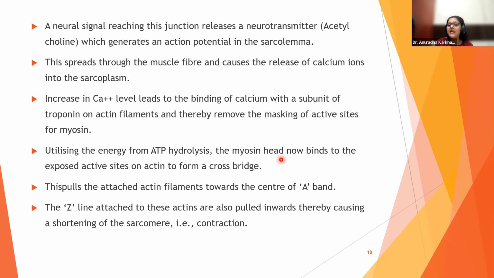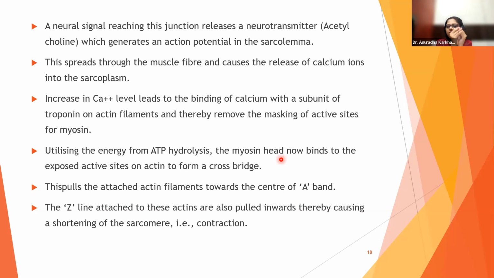Now what has happened? That day I told you, calcium ions and troponin have a deep relationship, I told you, remember? Yes. So now what happens? See, increase in calcium level leads to binding of calcium with the subunit of troponin on the actin fibers, and thereby removes the masking of active sites for myosin.